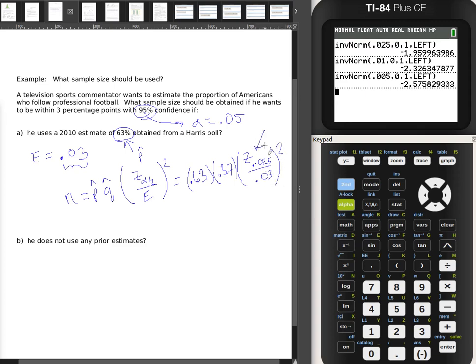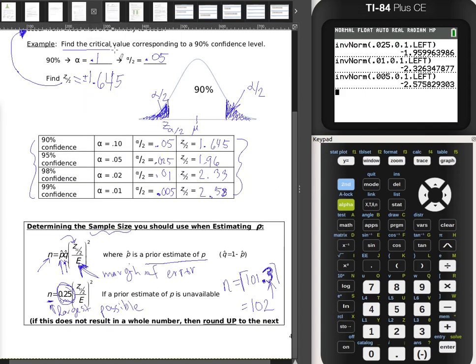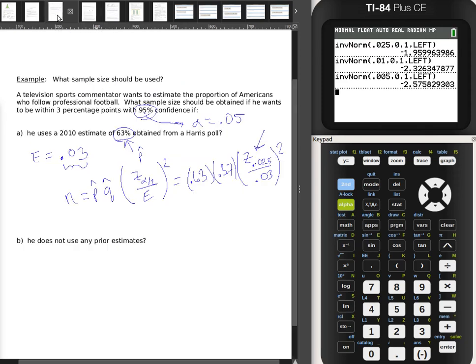So this value here, z 0.025, what did we get for that one? Z 0.025 is this one, right, for the 95% confidence level. We're looking at this row. So the z alpha over 2 for that one was this guy, 1.96. So we will go in there with 1.96.